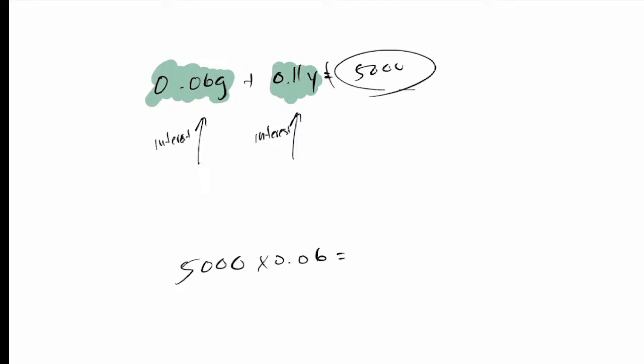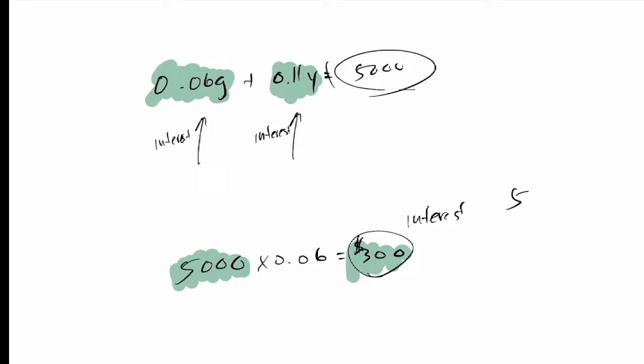In which case, you're going to end up getting here your $300. That's just your interest. It has nothing to do with your initial lump sum that you started off with. It's just the money you made.